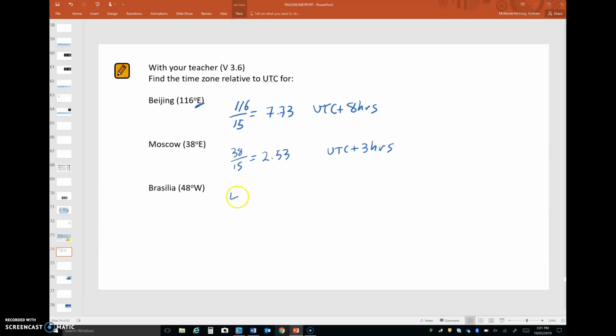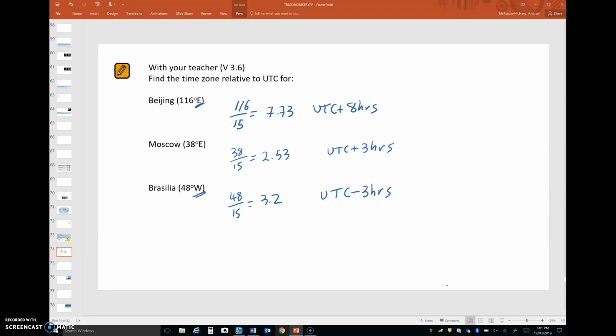And Brasilia, 48 over 15 gives 3.2. So that is also 3 hours, but it's behind because it's to the west of Greenwich. So UTC minus 3 hours.